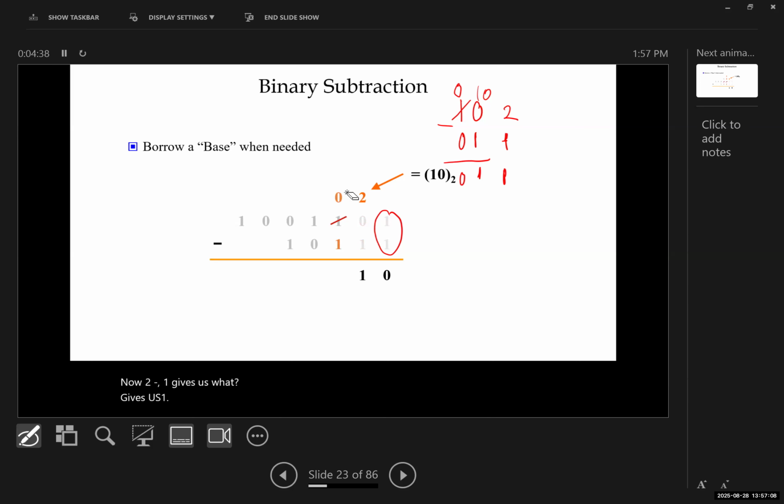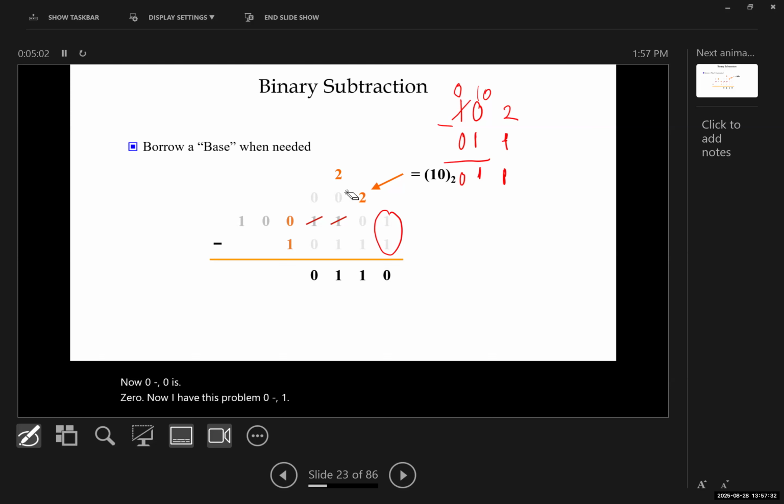Again, we have 0 minus 1. 0 is less than 1. I can't subtract. I have to borrow from the next one. So it's going to be, again, 2 minus 1 gives us 1. Now 0 minus 0 is 0. Now I have this problem. 0 minus 1.